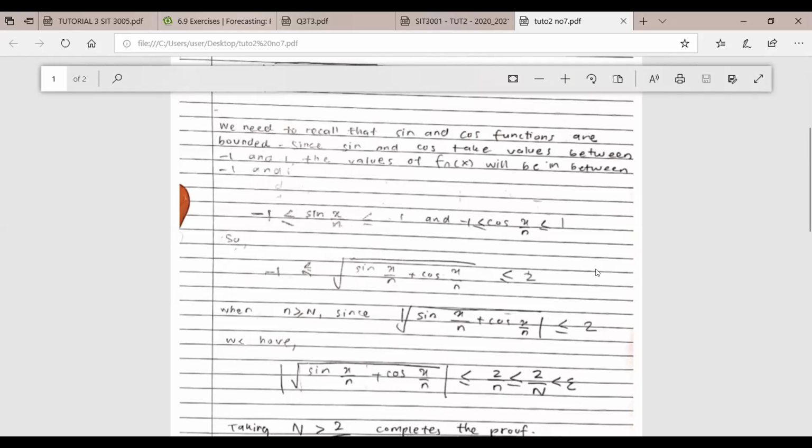Yeah, because if you add them, they are just bounded between -2 and 2. So when you take the square root, something weird might be going on, because if that sum is a negative value, then when you take the square root, it becomes a complex number.